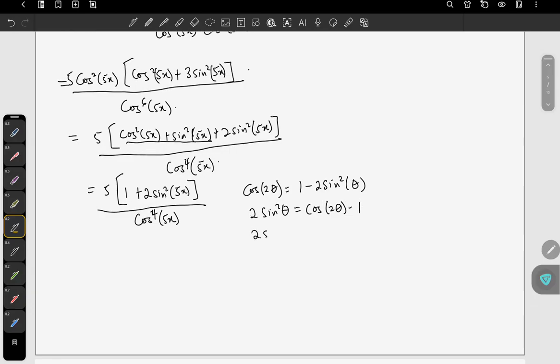Then it means that 2 sine squared 5x is equal to cos 5 times 2x, which is 10x, minus 1. Will that actually help us? I don't think it will.